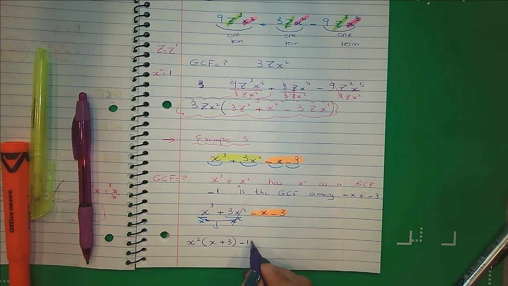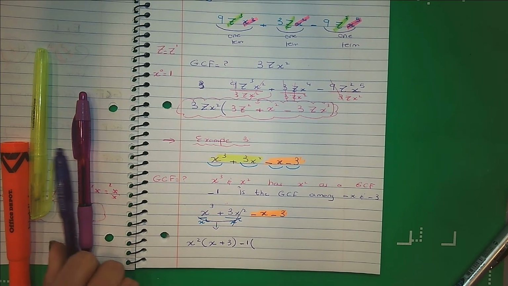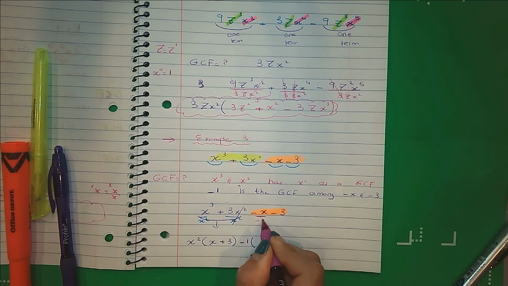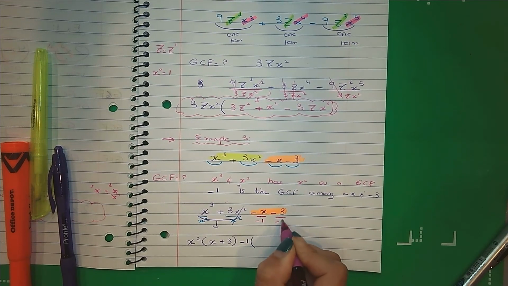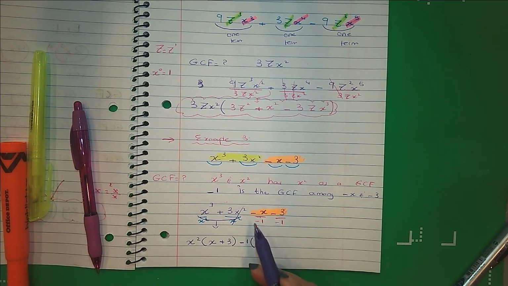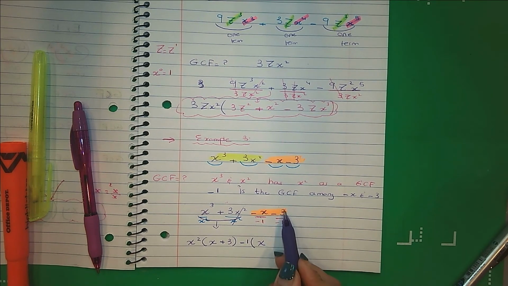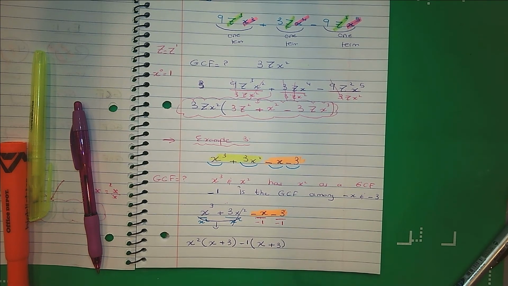So when I have -1 in common, I'm going to open parentheses, and again we have to divide the terms by -1. Negative x divided by -1 will give you x, and then -3 divided by -1 will give you positive 3.